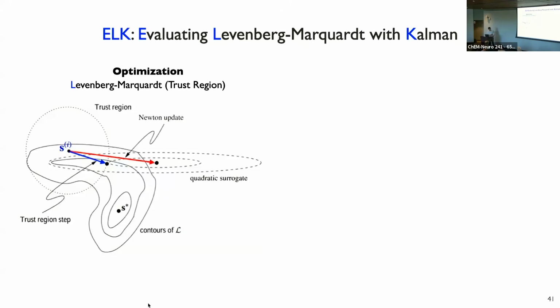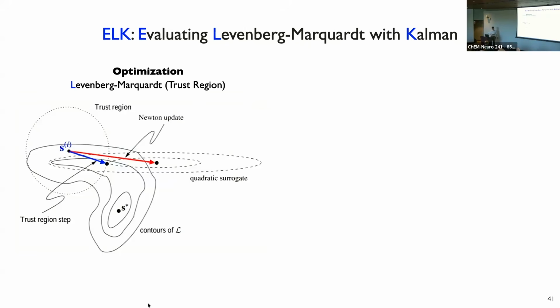So what trust region Levenberg-Marquardt says is restrict your update to a ball, a trust region, where we trust basically our linearization, our approximation for the loss function. As a result, the step in this setting is smaller, it's more stable, and it's actually getting us toward the minimizer. So there's a clear technique from optimization, but how are we going to port this into dynamics?